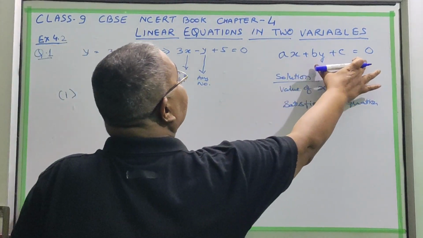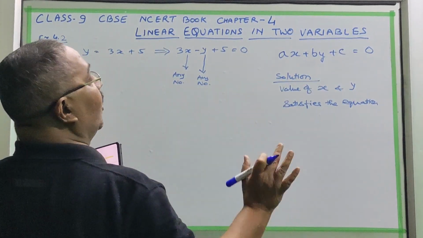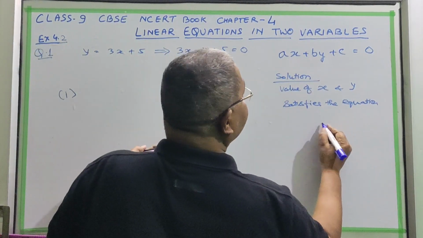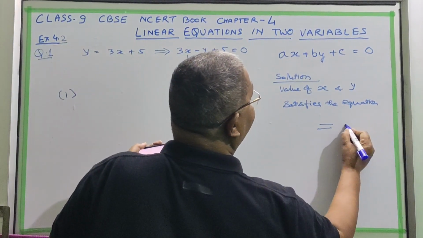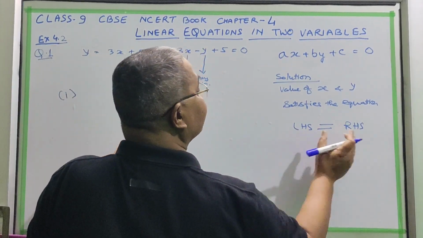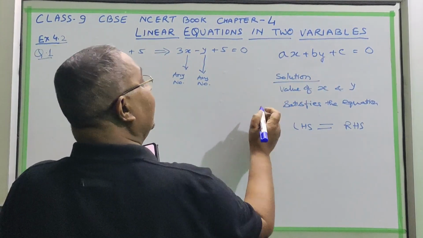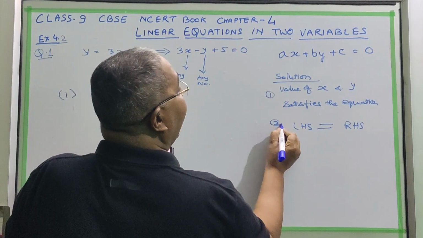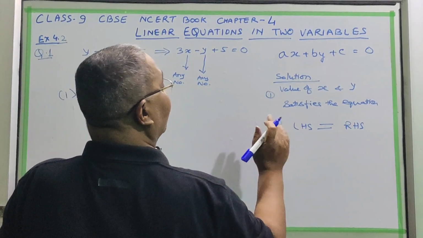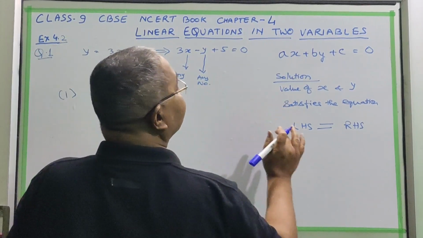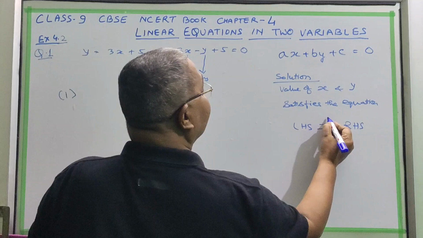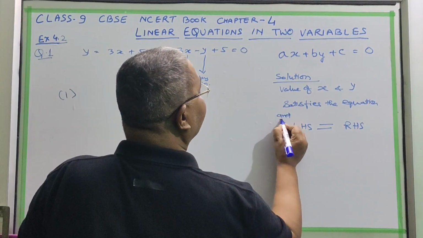If it is coming 0, it means it is okay. Otherwise, there is an equal sign; this is LHS and this is RHS. So if LHS equals RHS, then also it is known as the solution. Either way, the values of x and y satisfy. So both conditions are there: x and y satisfy the equation, and LHS equals RHS.